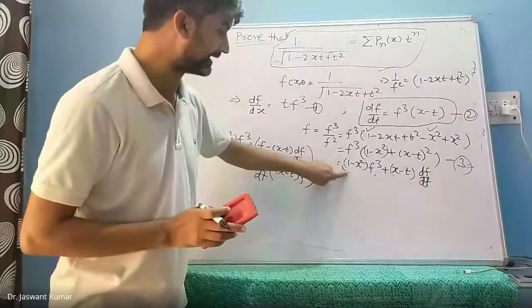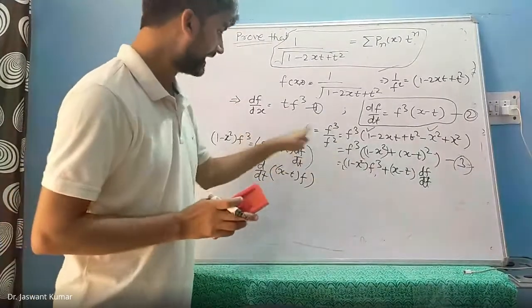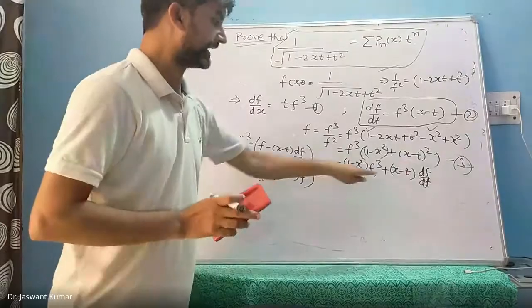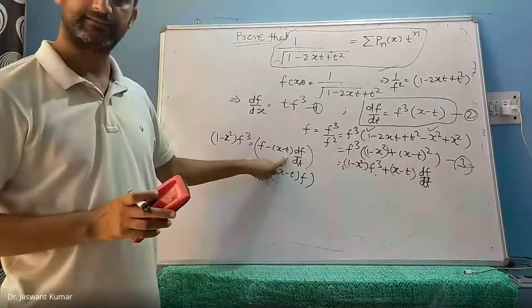Second line: f minus x minus t df by dt. From here, 1 minus x square f cube equals f minus of x minus t df by dt.